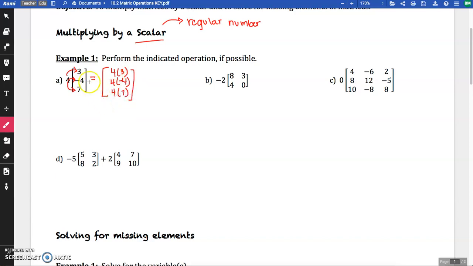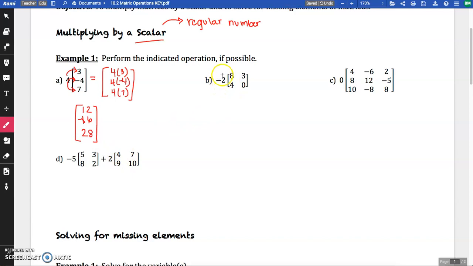So multiply each entry by whatever the number out front is. So I'll simplify to get my final answer: 12, negative 16, and 28. And there's my answer.